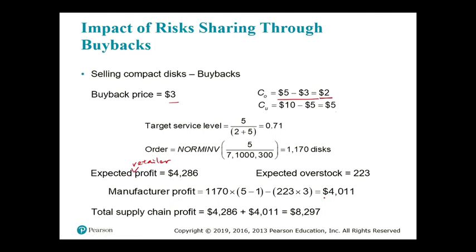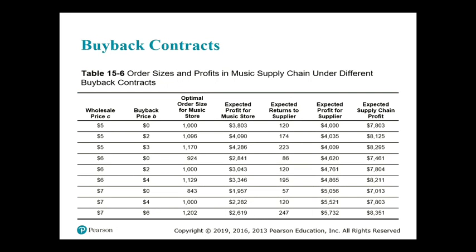And somehow manufacturer's profit is also increased, right? Because what? Because the supply chain's total pie is larger now. And we can see the supply chain profit is now higher than before. So this is the value of aligning incentives.